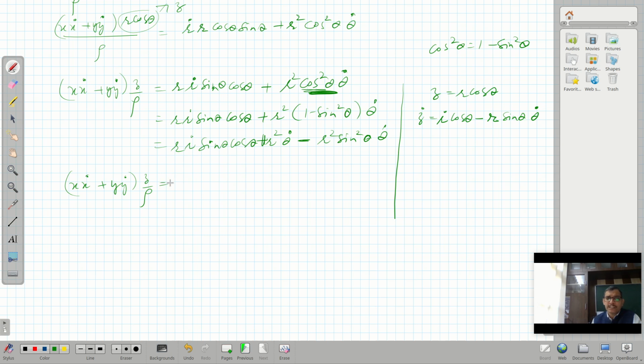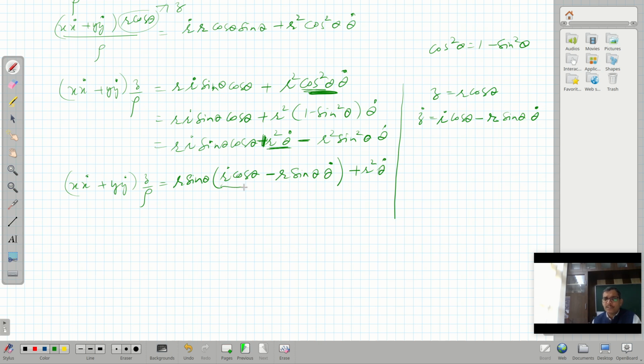So let us take r sine theta, so inside it is r cos theta, and this will remain as it is, minus r sine theta theta dot plus r square theta dot.